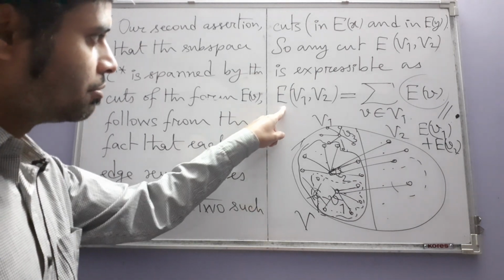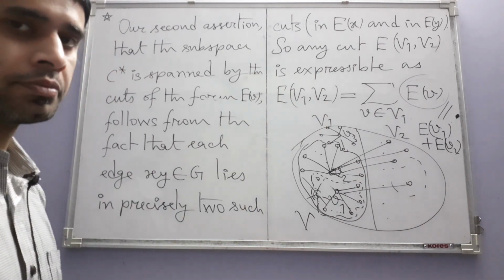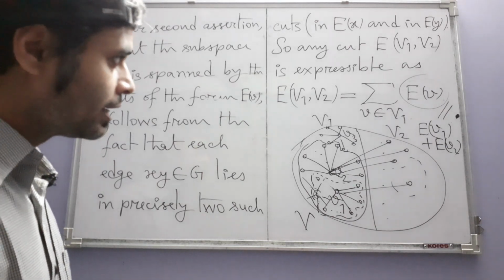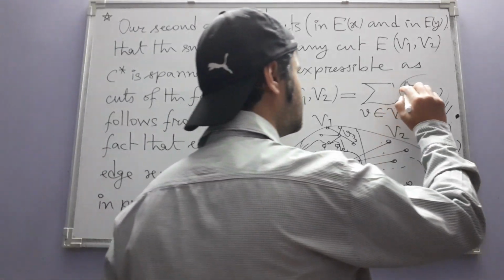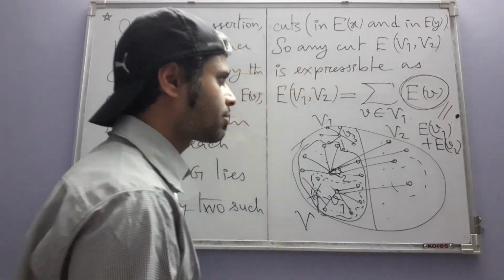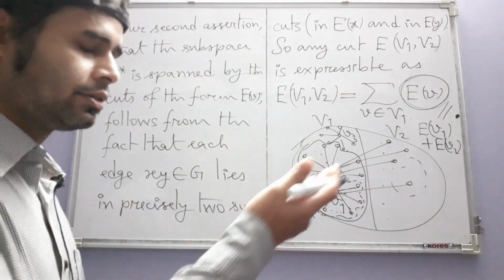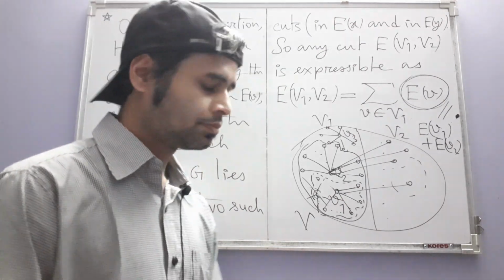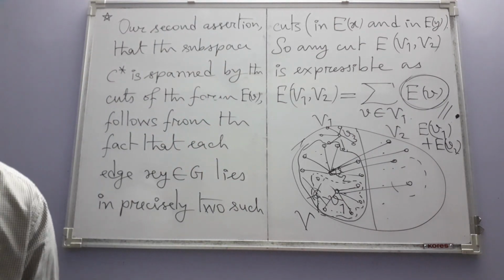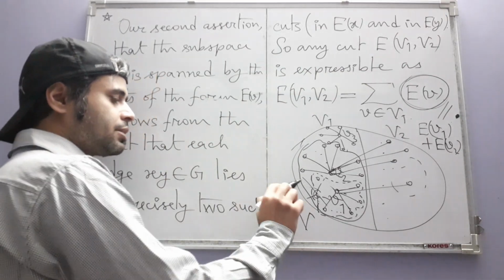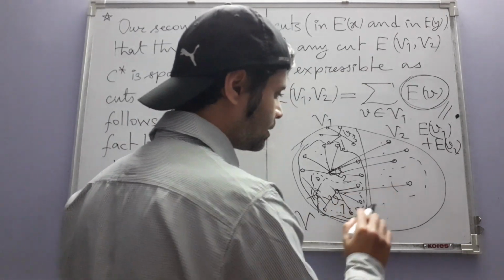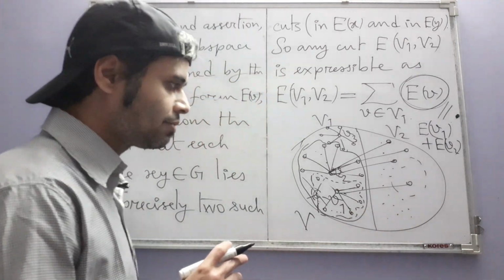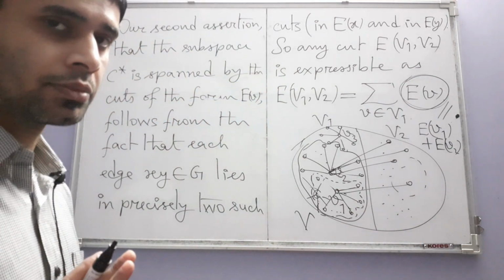And that's how we will have this. Okay? And that is why these special types of cuts generate or span this subspace C star. Because I messed up a little in this explanation, so you also think of it carefully and see if I have still missed something further.